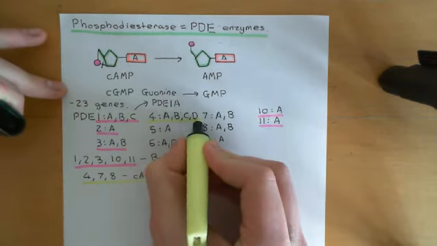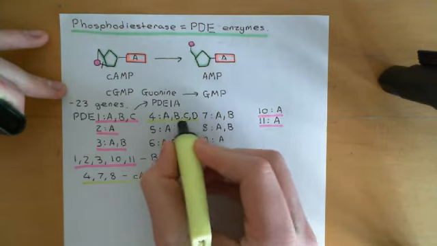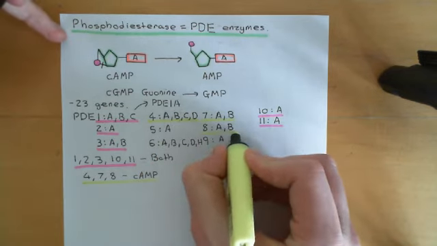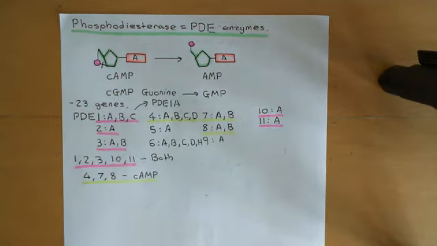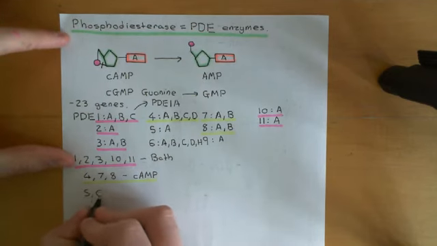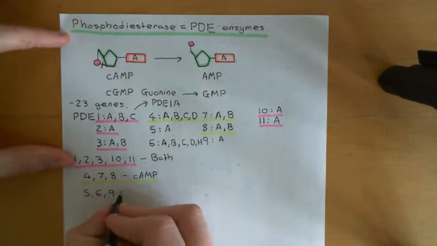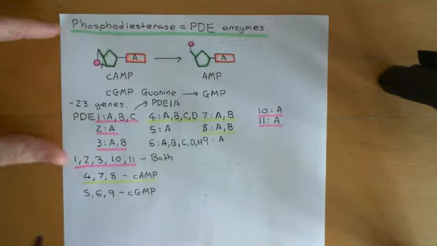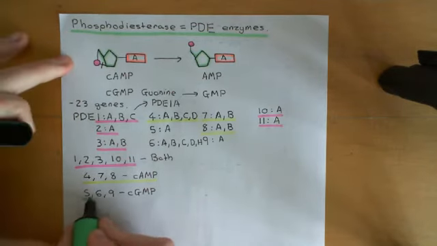So family number 4, all of its members break down only cyclic AMP. Family number 8 and 7, all of their members only break down cyclic AMP. And then the remaining families, phosphodiesterase 5s, 6, and 9, they are selective for cyclic GMP. And we'll underline all of those in green.